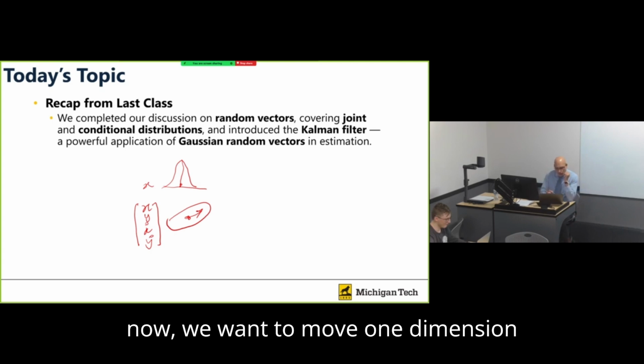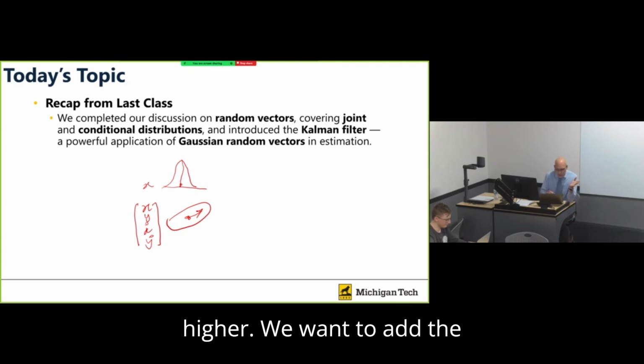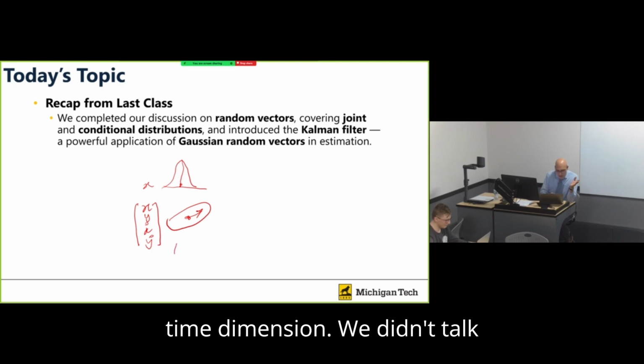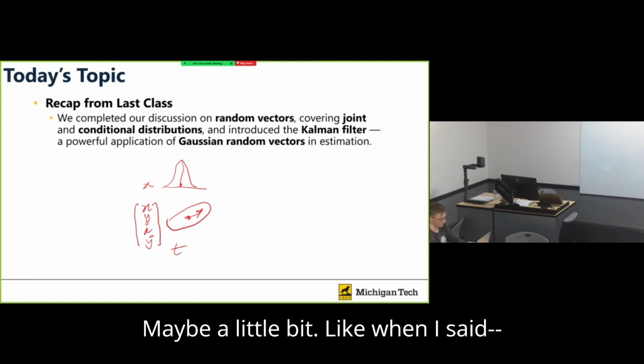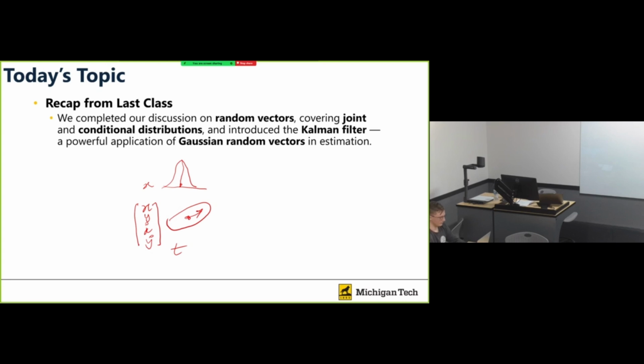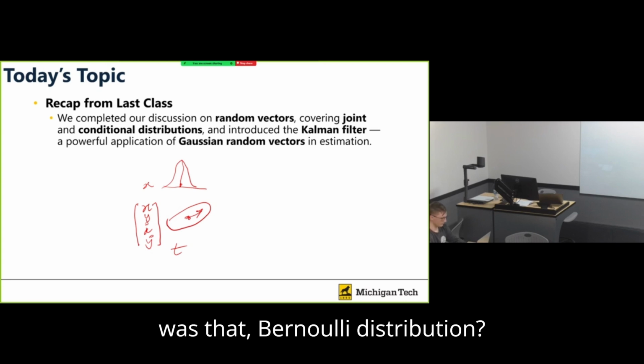And right now, we want to move one dimension higher. We want to add the time dimension. We didn't talk about time before. Maybe a little bit, like when I talked about the Bernoulli distribution.